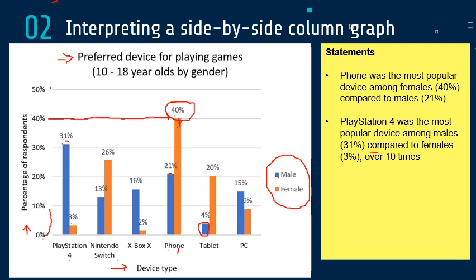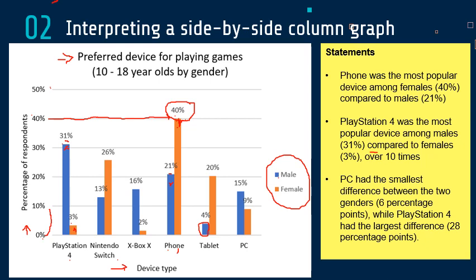This was the most popular choice among males. I'm also looking at, well, what did the females think about PlayStation 4? Similarly over here, what did the males think about mobile phones? So it gives me all these options. And compared to females, this was over 10 times, 3 times 10 is 30, so it's over 10 times that percentage.